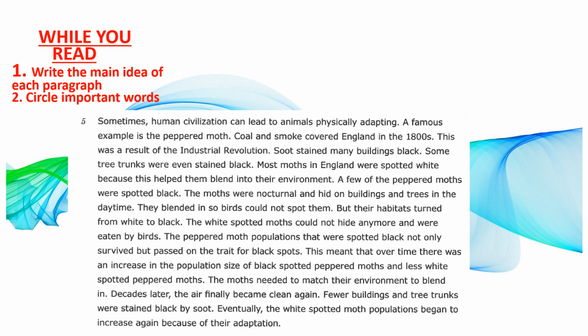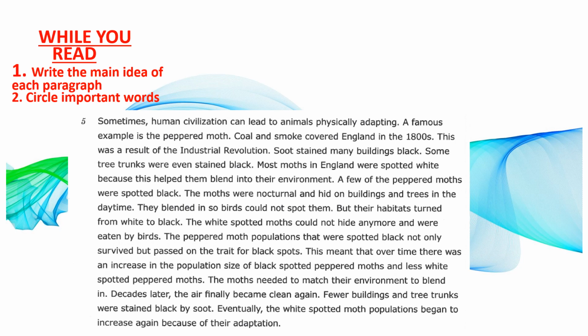But their habitats turned from white to black. The white spotted moths could not hide anymore and were eaten by birds. The peppered moth populations that were spotted black not only survived but passed on the trait for black spots. This meant that over time there was an increase in the population size of black spotted peppered moths and less white spotted peppered moths.